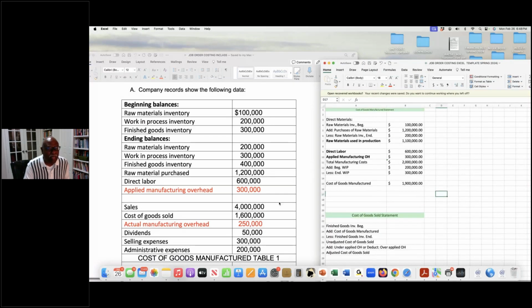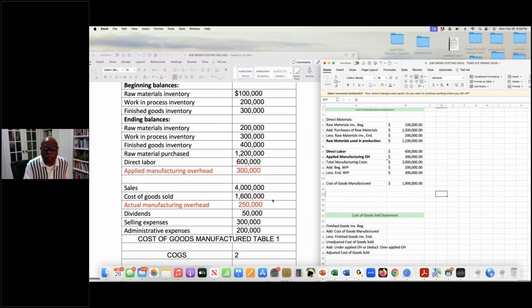Raw materials, direct labor, plant manufacturing overhead. That's all we're doing, adding those three numbers together all the time.